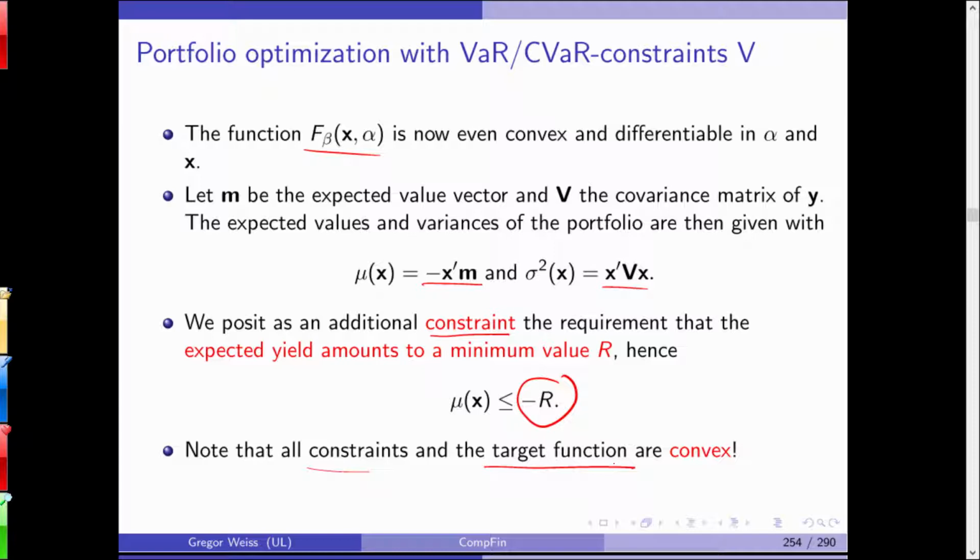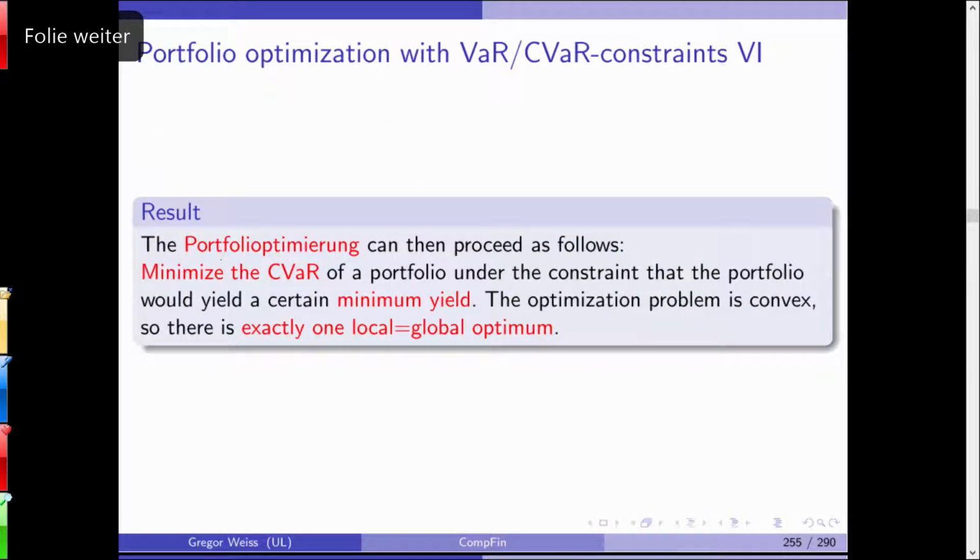Now the result is quite simple. Portfolio optimization can proceed as follows. You minimize the CVaR under the constraint that the portfolio return yields a certain minimum return.